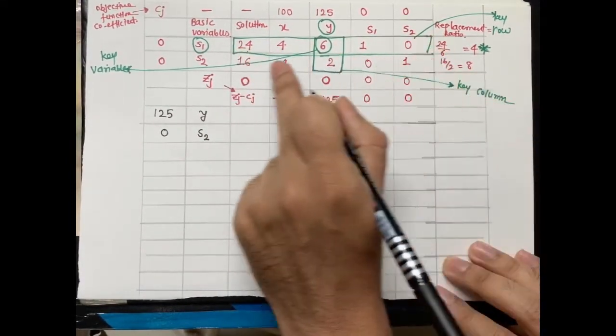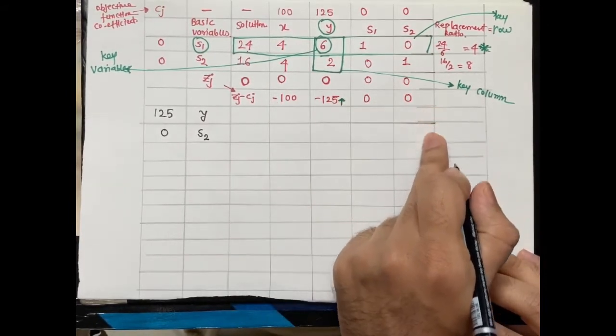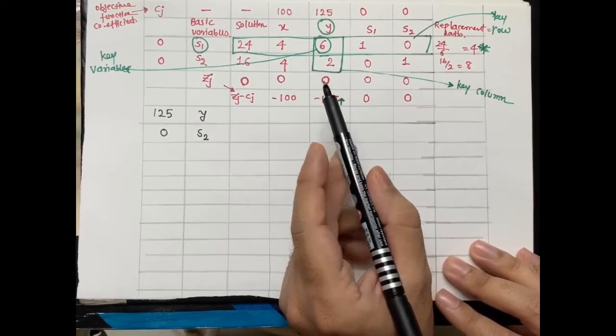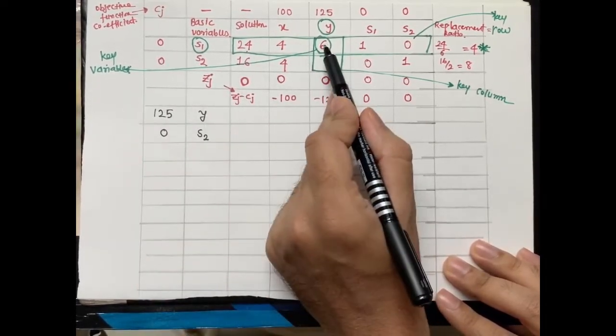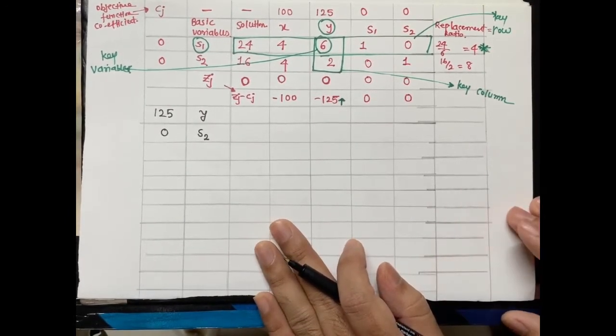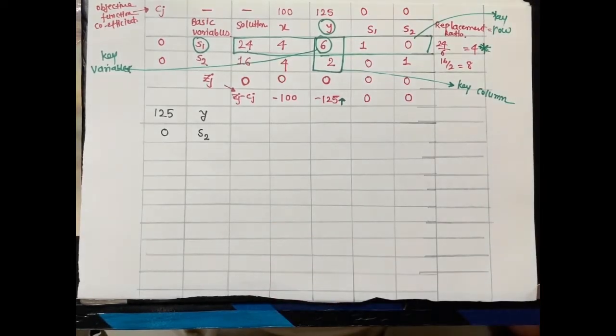Now for filling these cells, it is essential that the key variable must have a unity value.